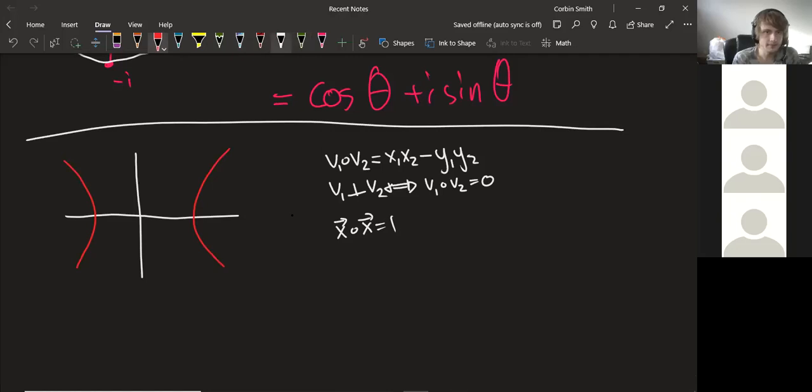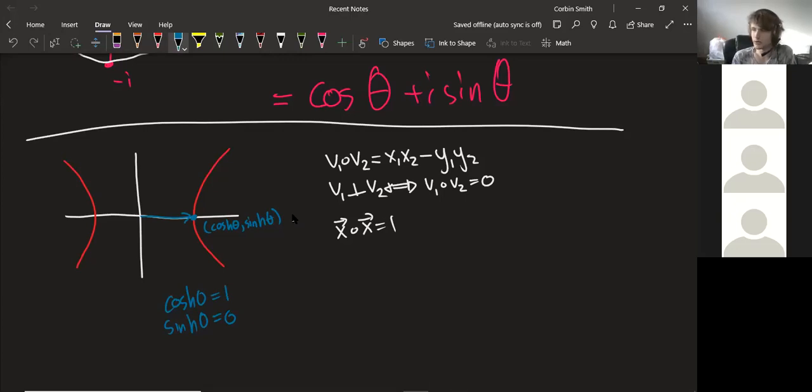And so now what we are looking for is a parameterization of this hyperbola by functions. I'm going to call them cosh theta, sinh theta, so that cosh of 0 is equal to 1 and sinh of 0 is equal to 0.